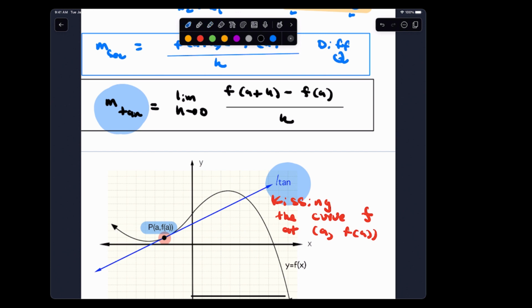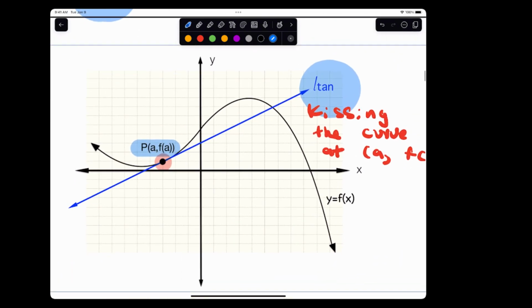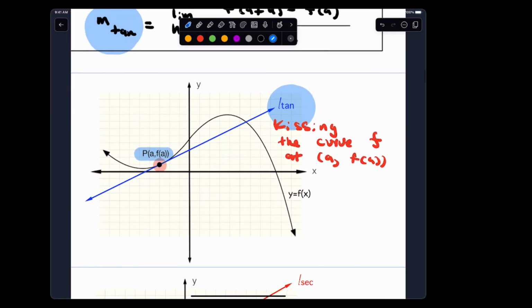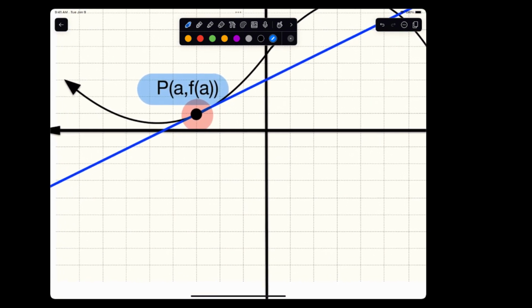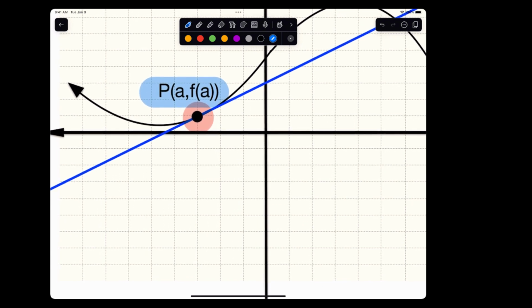It's the slope of the line tangent to the curve. Right? Don't you have an equation, Y equals M tangent X plus B? It's the slope of the line tangent to the curve at this location.